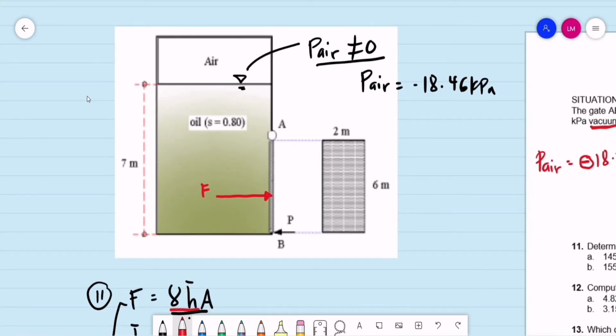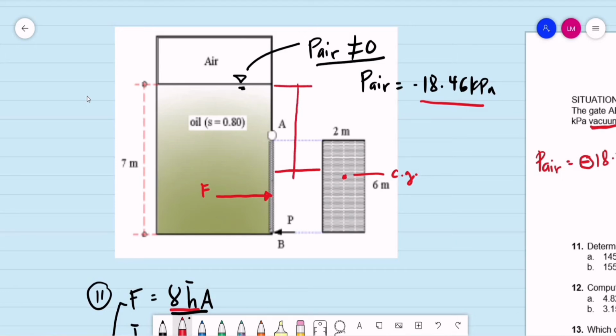Okay, so we have this pressure, 18.46, negative. Ano naman yung pressure exerted by the oil hanggang sa center of gravity? So, let's say this is the CG. Mula sa A, that is 3 meters, kalahati ng 6.